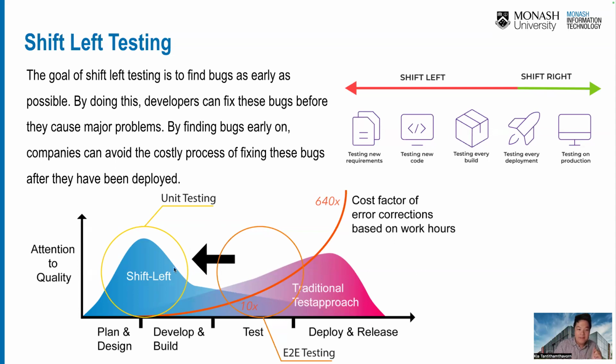If you look at this figure, when we pay attention to quality in the traditional approach, we focus on testing at the end of the project, during deploy and release. Oh, we're going to release a new feature, we don't have time, let's test on production. So release the app, let the end users find the bug, submit the report to us, and we're going to fix it.